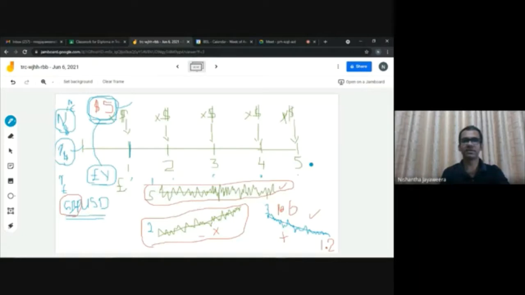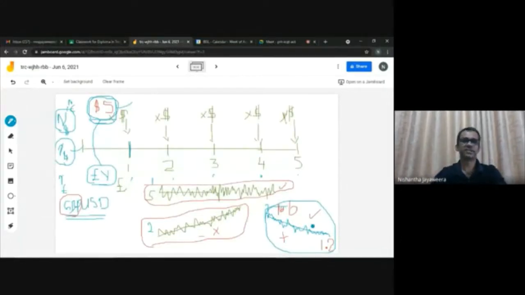But if you have bought 5 options, what's the advantage? You can keep this part available for you. If sterling depreciates against the dollar, you are in a better position, so you can get the advantage of that, but at a cost. What is the cost? You have to pay the premium.